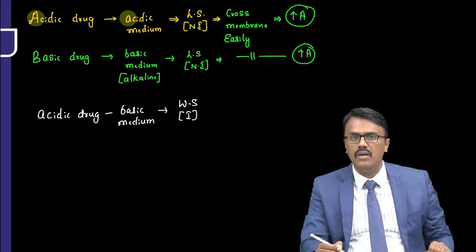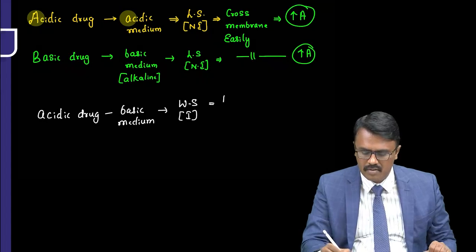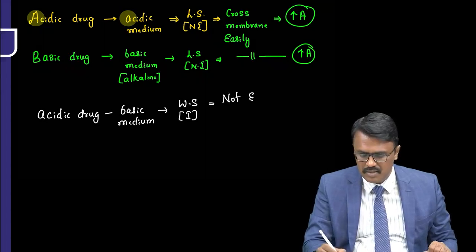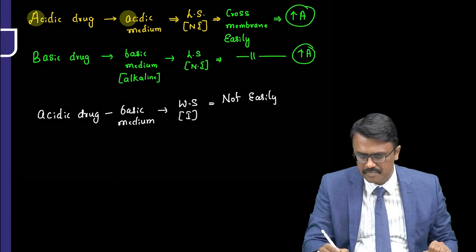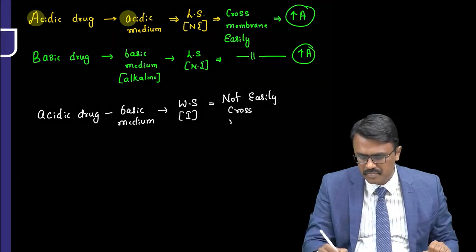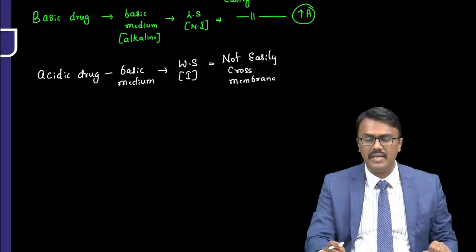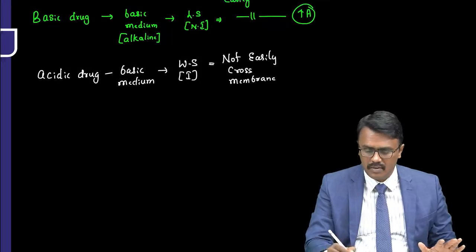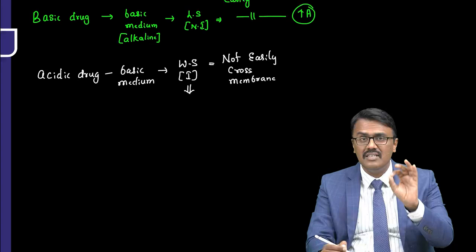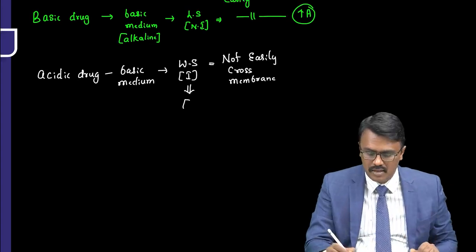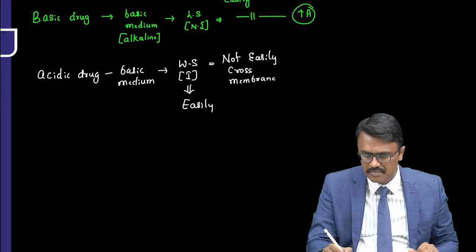Now water soluble will not easily cross a membrane. Now what is the advantage of making a drug water soluble? Water soluble drugs are easy to throw out from the body, so they are easily cleared.